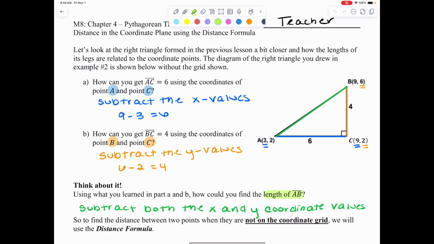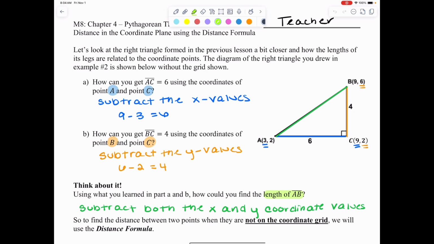So in the think about it question, using what you learned in part A and B, how do you think we'd have to find the length from A to B? Well, the x's are changing and the y's are changing because it's a diagonal line, not horizontal or vertical. So you would have to subtract both the x and the y coordinate values. In addition to that, we are working with a right triangle.